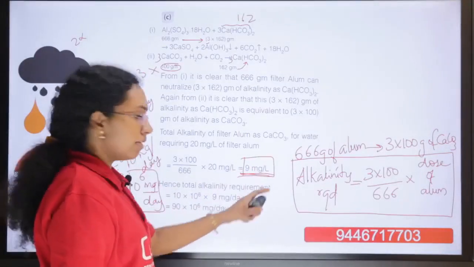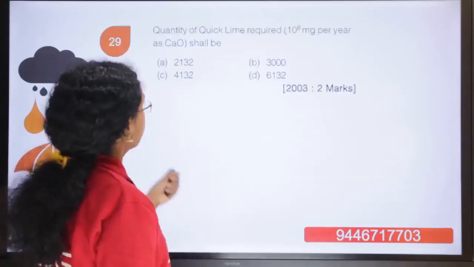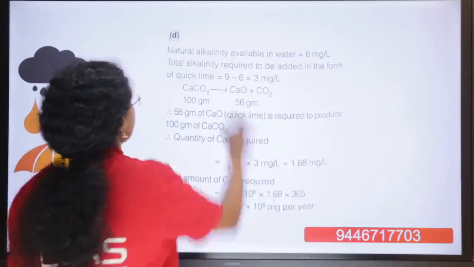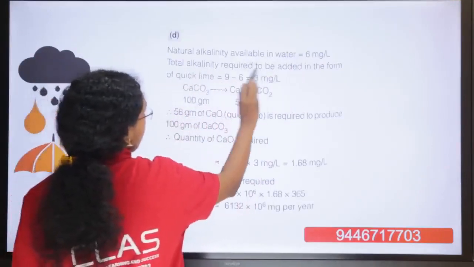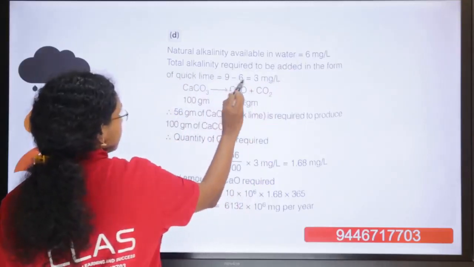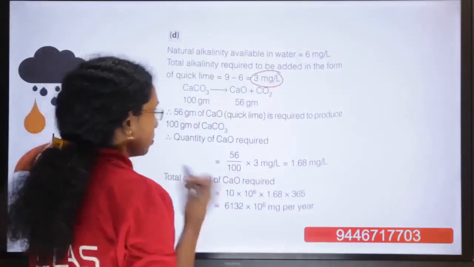So extra 3 milligram per liter is required. So that is given by this quicklime. Total alkalinity required to be added in the form of quicklime is 9 minus 6, that is 3 milligram per liter extra alkalinity.